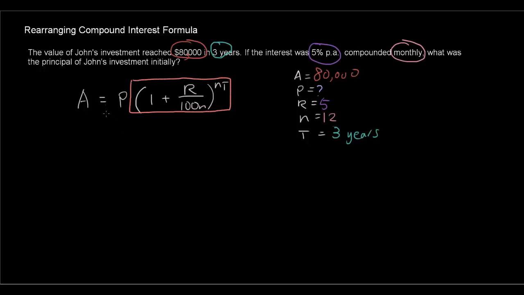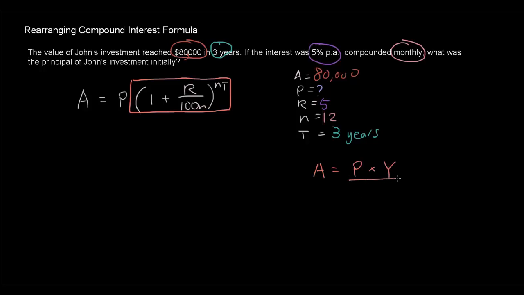What we want to do is rearrange it so P is the subject. And if you remember in algebra, if you have, for example, A equals P times, I'm just going to make up a random letter, let's say Y.